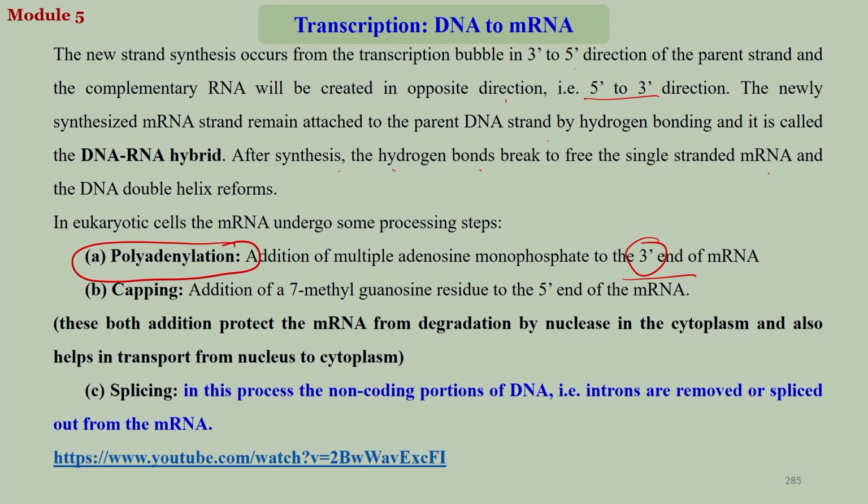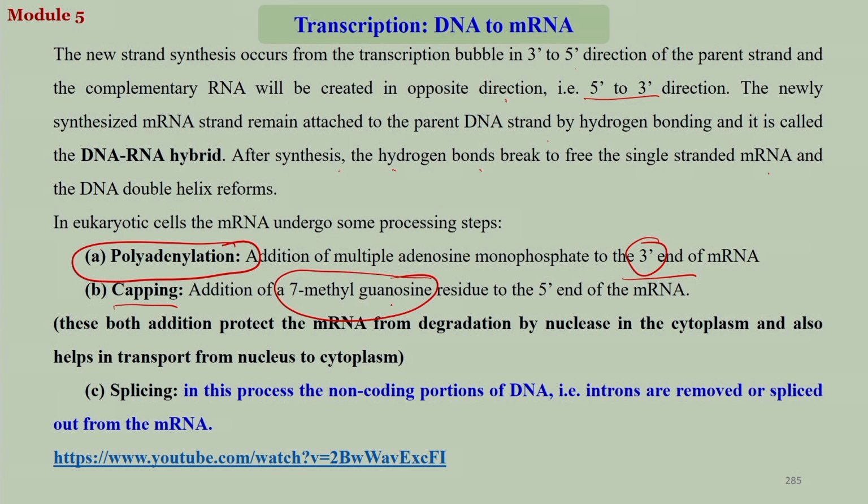And then capping, so that the mRNA remains intact and does not further undergo extension. Capping is the addition of a 7-methyl guanosine. Here we see again a modified version of the guanine. 7-methyl guanosine we have already seen when we talked about mismatch repair, where the DNA methylated sites were the recognition sites, meaning methyl guanosine, methyl adenine and methyl cytosines.